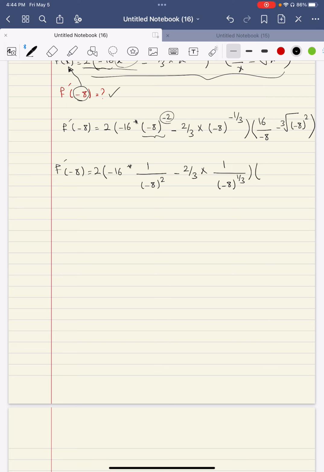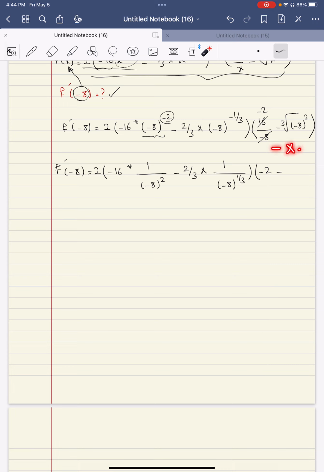Then times 16 over negative 8. It would be negative 2, right? Negative 2 minus, we have the cube root of negative 8 to the power of 2. Negative 8 to the power of 2 means negative 8 times negative 8.